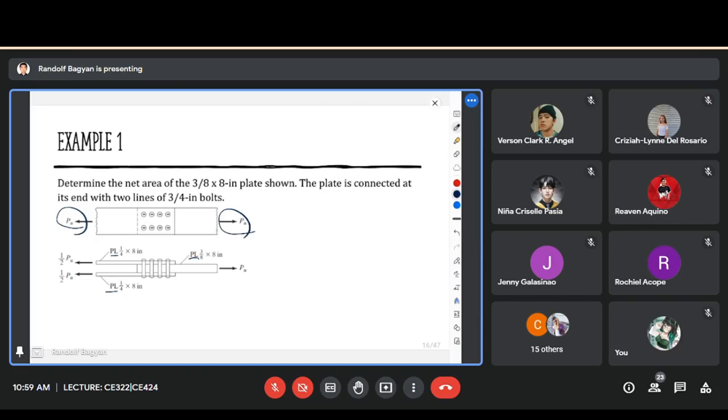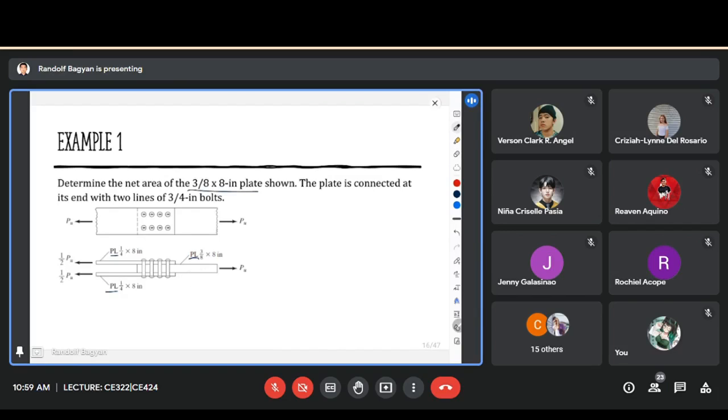Determine the net area in the plate zone. The plate is connected at its ends with two lines of 3/4 bolts. Determine the net area of the 3/8 by 8 inches plate.